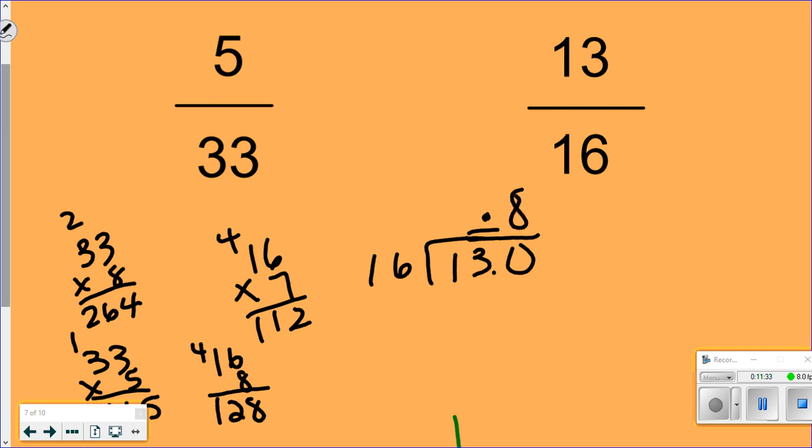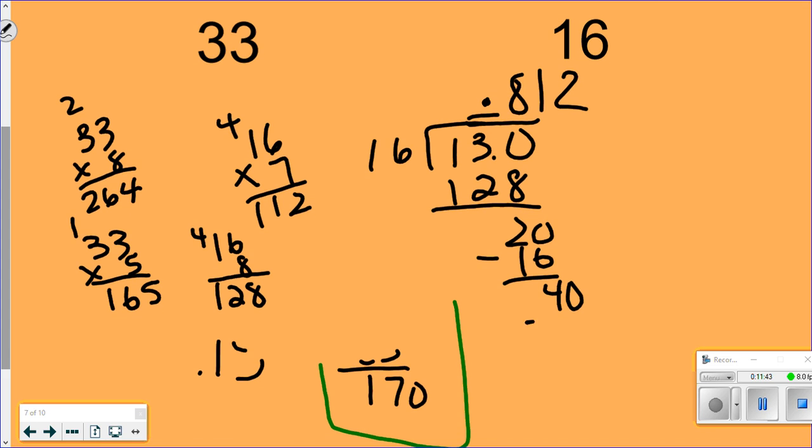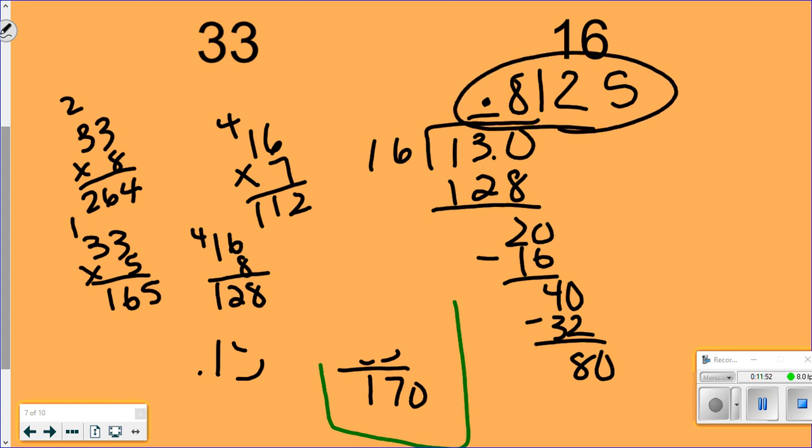There we go. 2, I believe that's going to be 32. And I get 8. Pretty sure it's a 5. Yep. It's going to end, and that's a terminate. That's an example of a terminating decimal.